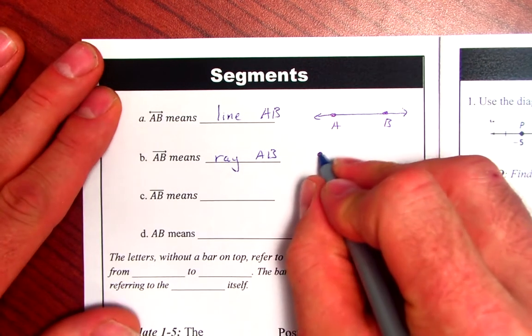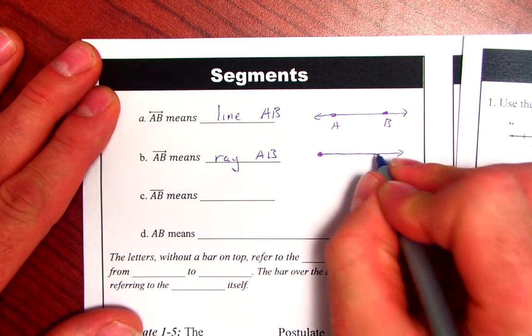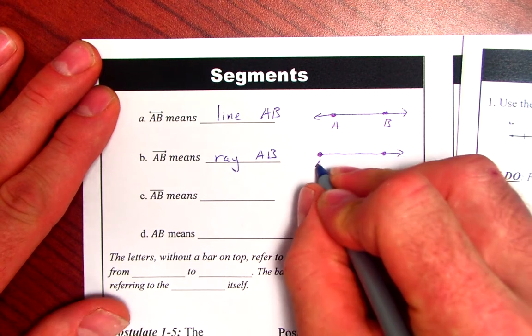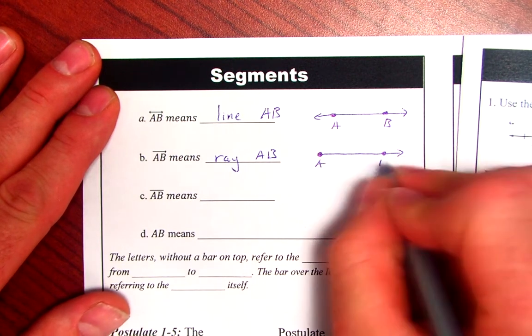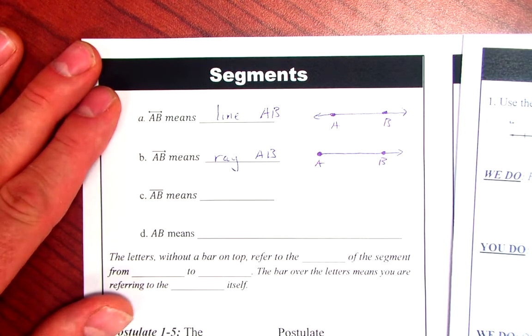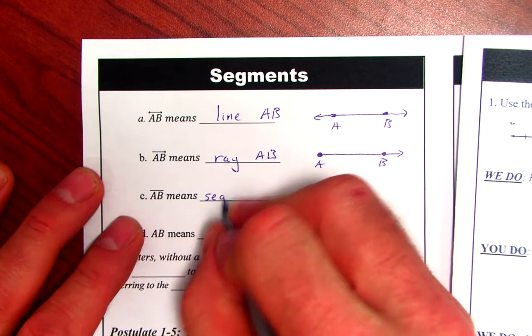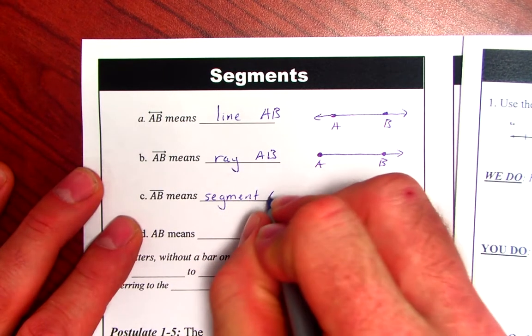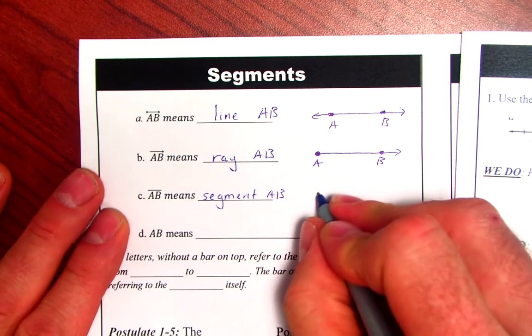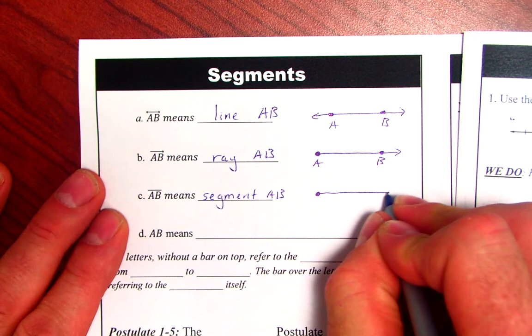And you draw it with one endpoint going in either direction, but having an endpoint at A going through B. And then AB with a single bar above it means segment AB. And that just means A and B are the endpoints.